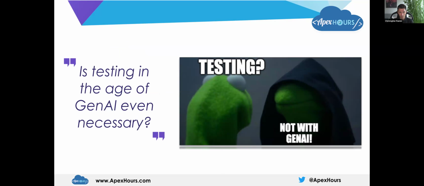Now let's start diving into the topic. If you're following the discussions, potentially watching your LinkedIn feed, and all the announcements, you could get the impression that testing is basically not really needed anymore, because you have Gen AI anyway, and Gen AI is taking care of it for you.